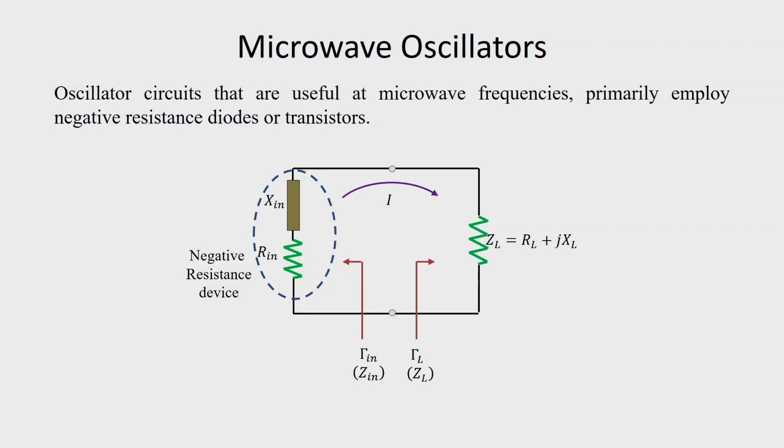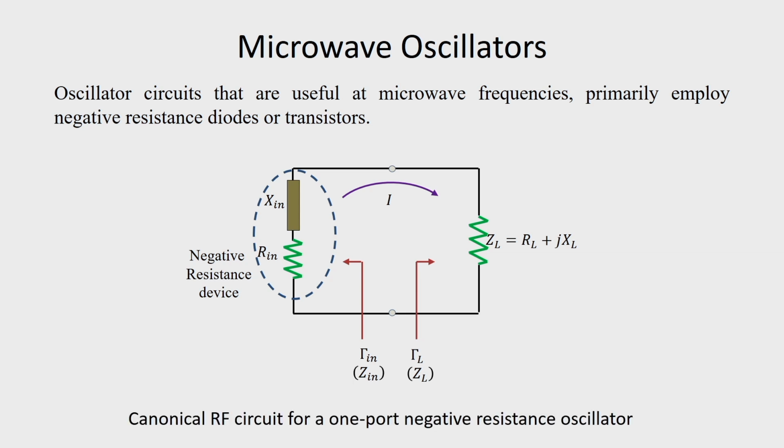We show a generic representation where a canonical RF circuit is shown as a one port negative resistance oscillator, and we have a device where this Rin is negative.